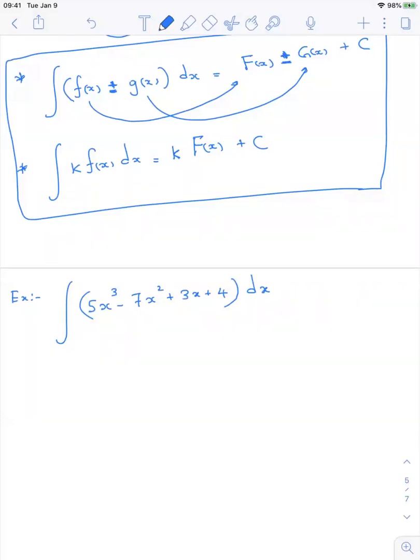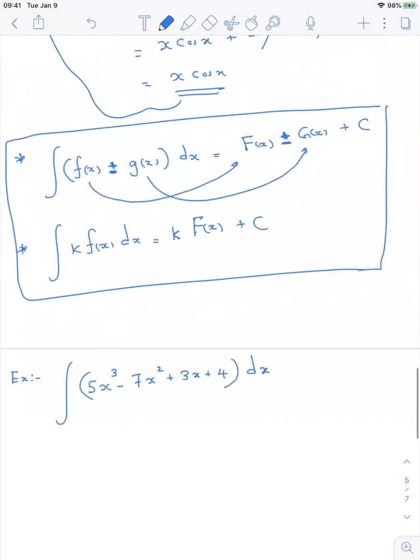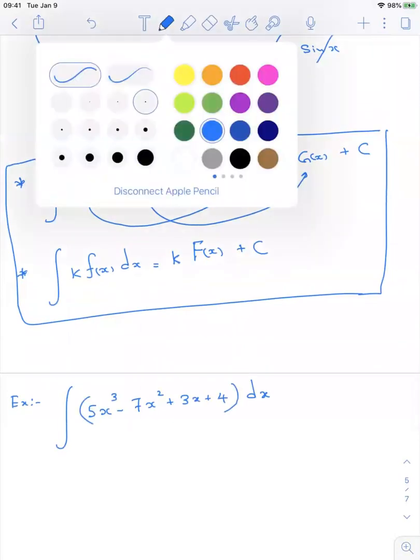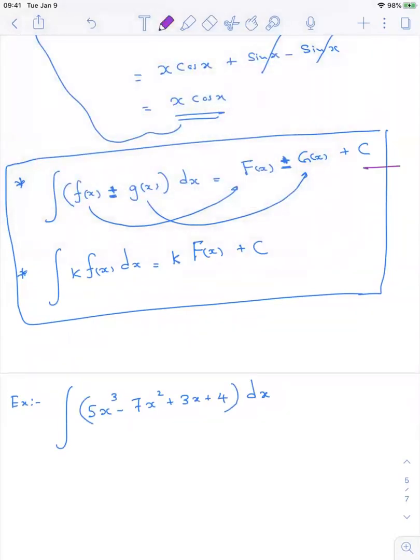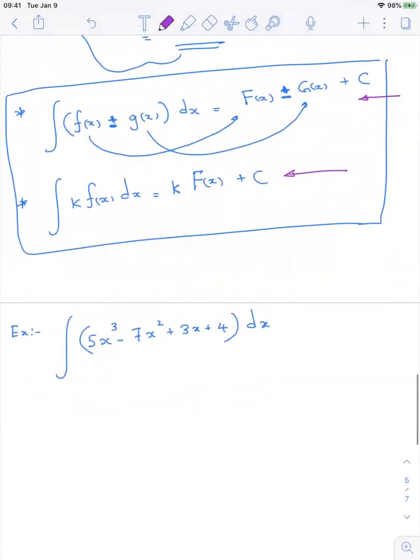First thing is, you have to use this rule right here, and those rules basically tell you that when you have minus signs and plus signs, you can separately integrate those functions, right? And then there are constants right here, 5 times x to the power 3.